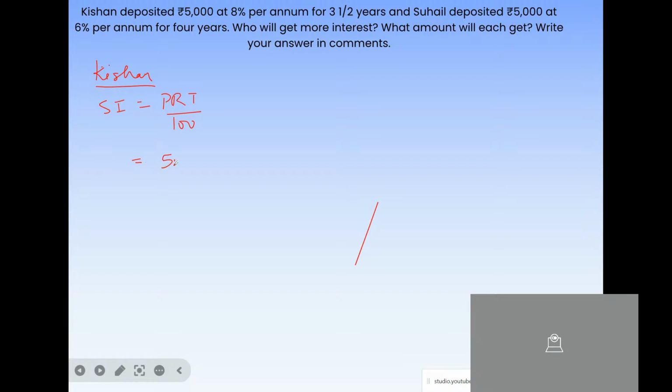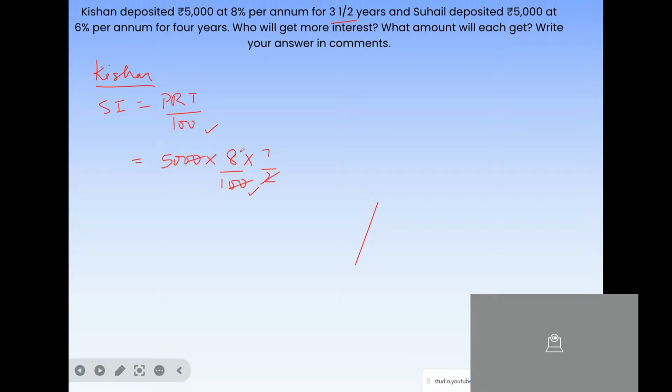So it is 5,000 times 8 times 3.5. 3.5, you can either convert this in decimal form or you can write it in fraction form also, so 7 by 2, and this 100 over here. This 100 and this 100 are the same. Zeros cancel, two zeros and two zeros.